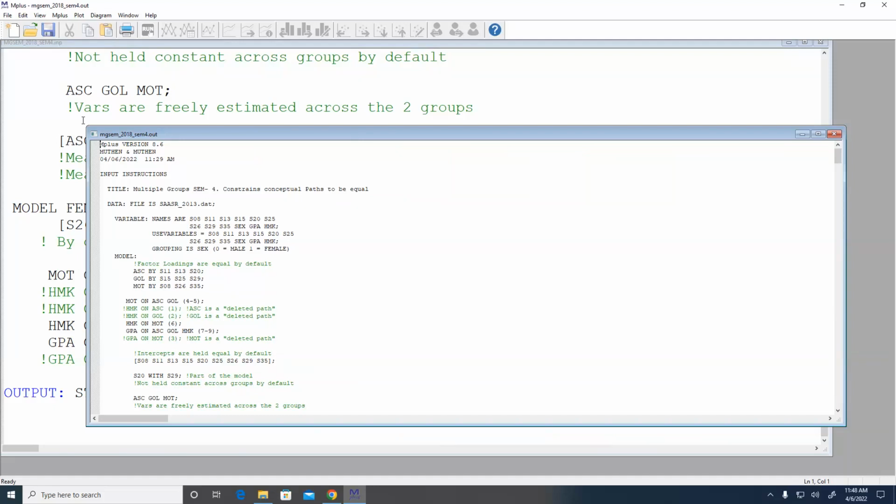Before, I had like 370 girls and 249 boys, simultaneously estimating a parameter for this path for girls and this path for boys. Well, once I constrain that path to be equal across the two groups, I've got like 600 and some people, so I'm only estimating one path, and I've got over 600 cases to estimate that path. And so the standard error is actually going to drop.